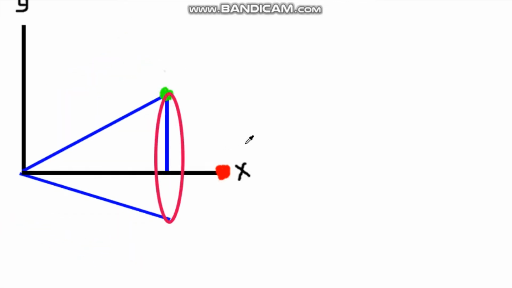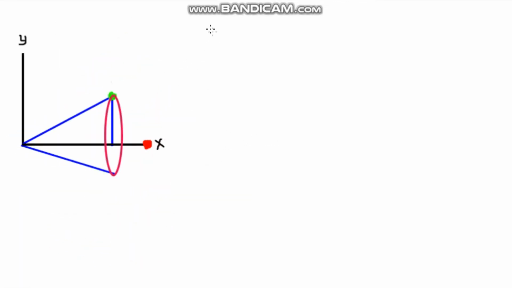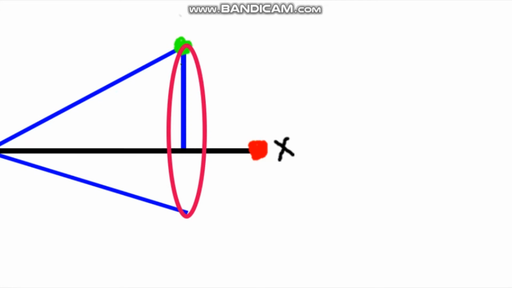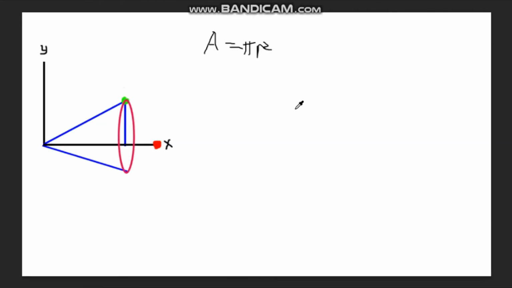The area of any circle is equal to pi r squared. Sorry for my handwriting. We know that the radius is represented by r, and in this case the radius is this blue line right here.